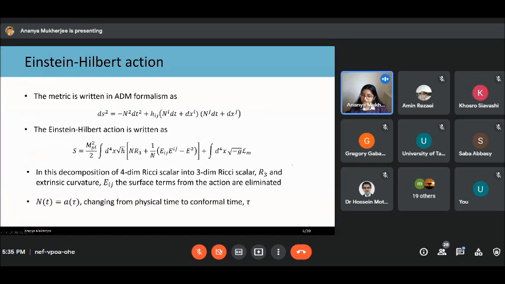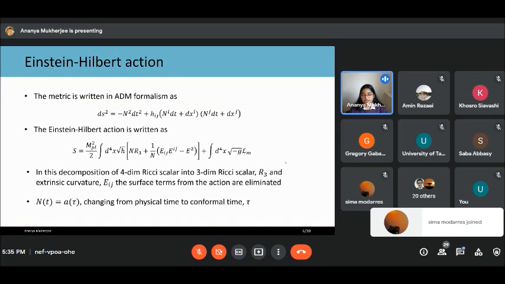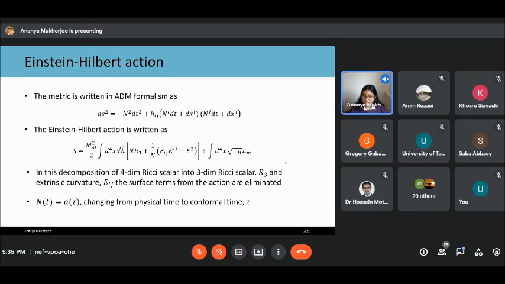Decomposing the action in this way gives us an advantage of identifying the surface terms which appear as total derivatives, and we can either drop them or explicitly cancel them by adding boundary terms. So from now on, we will consider conformal time tau by changing the lapse of the metric to the scale factor.